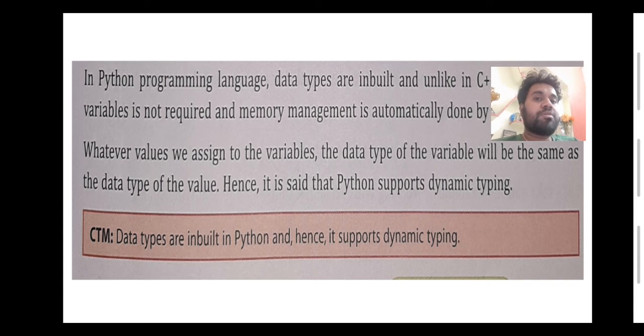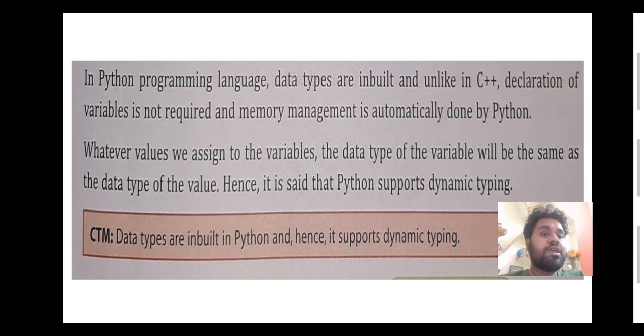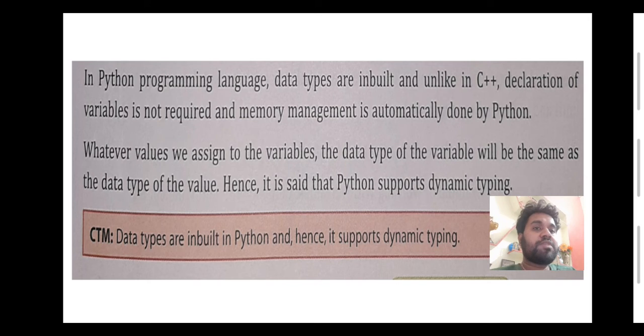Now talking about data types: in Python, data types are inbuilt. Inbuilt means if you write x is equals to 12, then by default it will take it as an integer. If you write y is equals to 12.12, then it will take a decimal value, that is a float value.